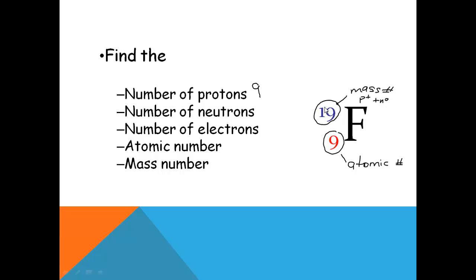So 19 is protons plus neutrons. If we've got 9 protons, that means we must have 10 neutrons. Number of electrons, that one's easy. It's the same as the number of protons, so 9. The atomic number is on the bottom, 9, and the mass number on the top, 19. We are going to do lots and lots of practice in class on this, so hopefully by the end of the day tomorrow, you will be a pro at counting subatomic particles and knowing atomic number and mass number.